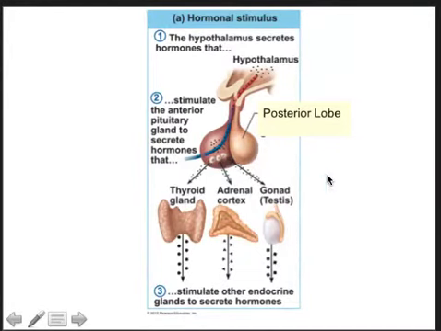And as you may well have surmised, an error in the hypothalamus or in the anterior pituitary is going to cause malfunction of the organs that are downstream of it, and the result is going to be endocrine disorder.